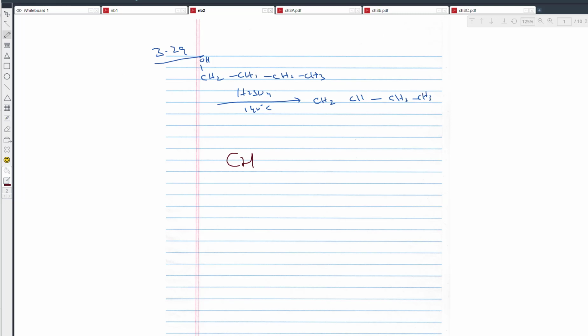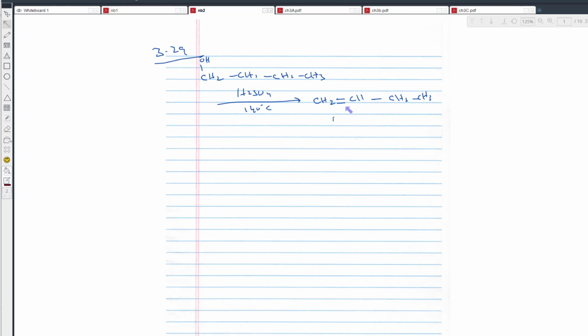Look here, this carbon has only two hydrogen and two hydrogen. This carbon has only one hydrogen, three bonds. They both need one extra bond. So what I have to do to make four bonds? Is there going to be a double bond right here? Double bond. That's alkene. Dehydration of alcohol will give you alkene.